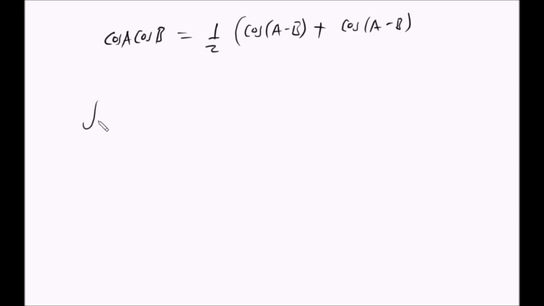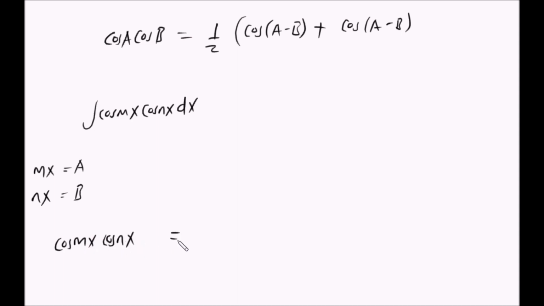So if someone tells you to integrate cos mx times cos nx with respect to x, it means mx is like A and nx is like B. So cos mx times cos nx is equal to 1/2, so we're going to have cos of mx minus nx, plus cos of mx plus nx.